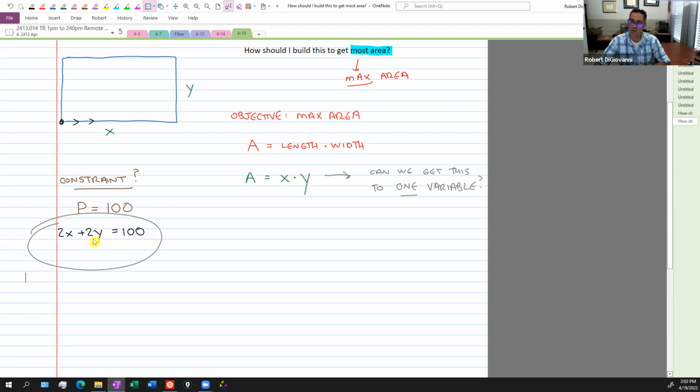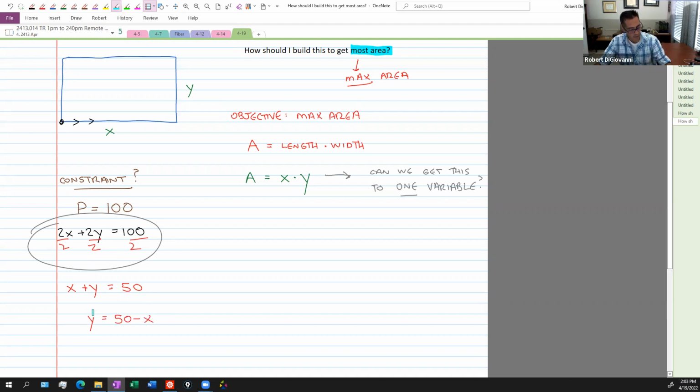This is a constraint and it has the variables X and Y in it, just like this has X and Y. So could you solve this for Y? If I asked you to solve this equation for Y, could you? Let's do it. Let's divide everything by 2, make our lives easy. So this becomes X plus Y is 50, right? And now let's solve for Y, so Y is 50 minus X.